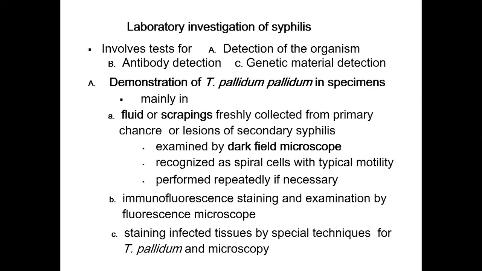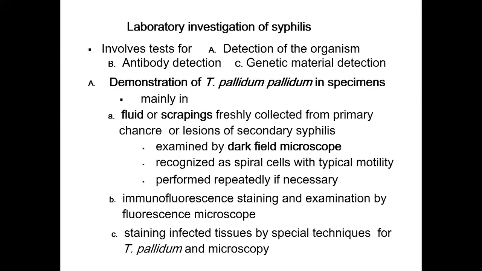The specimen can be a fluid or scrapings, and it is examined under a dark field microscope, and it's recognized as spiral cells with typical motility. Even if we are talking about secondary syphilis having numerous organisms, it still might not be that easy to see when one is looking for it, even from the specimens. And it's done immediately because it's recognized when it is still viable, when it is motile.